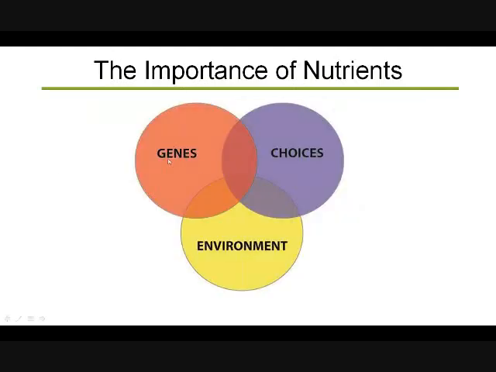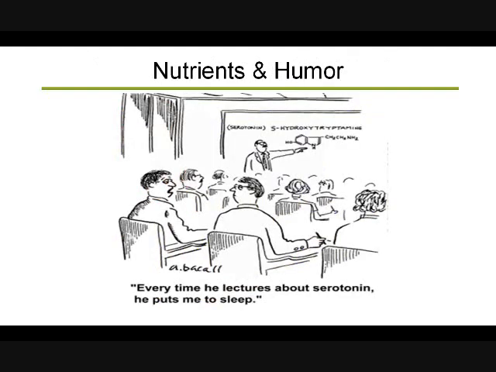So it's always the genes mixed with the environment, the diet and stuff like that, and the choices we make. We'll talk about the choices in the foods we eat, the lifestyle we live, our exposure to certain toxic situations, toxic metals, toxic environments, etc. But nutrients are a key player in affecting our genes and the environment and the choices we make.